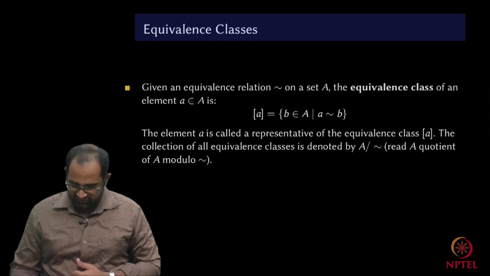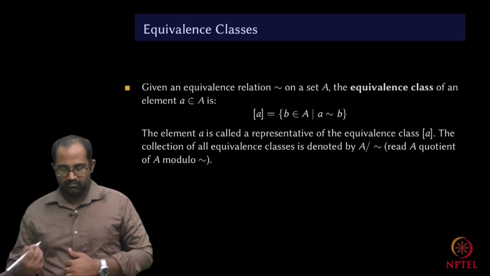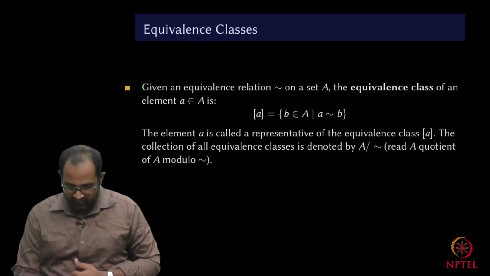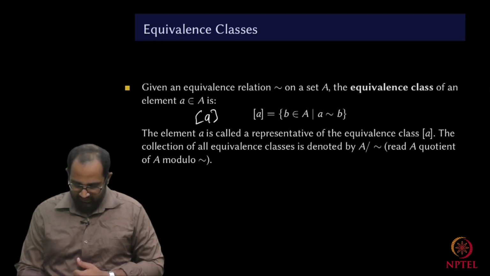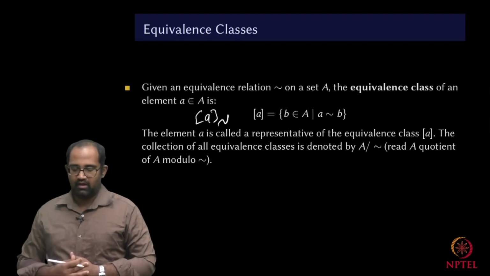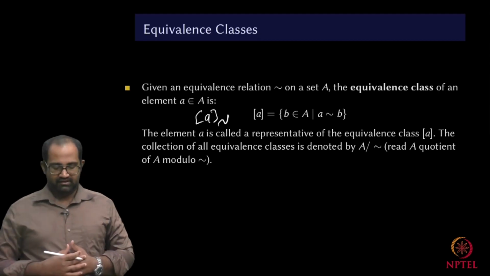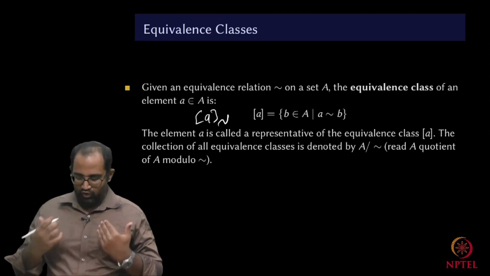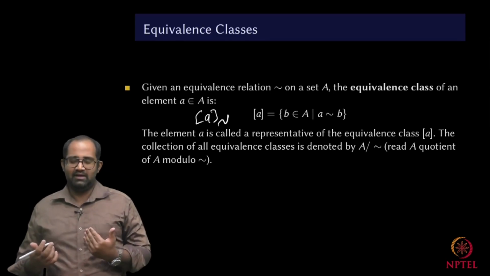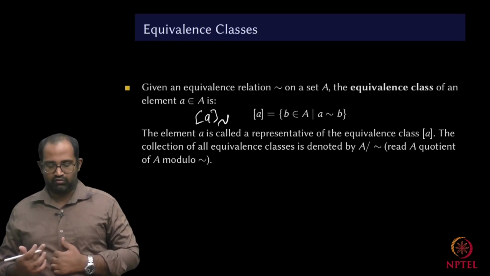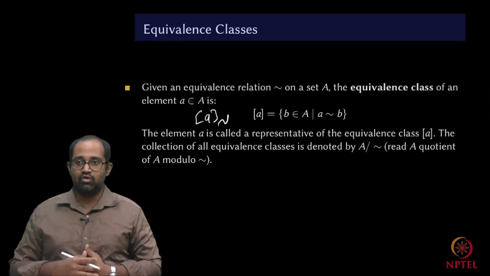Another common notation for those who want to be even more clear is to write box A with a tilde in the bottom to suggest that the relation comes from tilde, but since I am going to consider only one equivalence relation at a time, it is very clear what the equivalence relation is at all times. So, I will ignore the tilde.